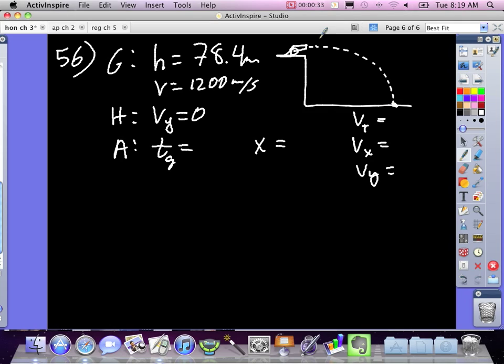Okay, with this initial velocity of 1,200 meters per second, with this height of 78.4 meters. So remember, make sure you make a diagram. You have to do a diagram for problems. Get in the habit of labeling on the diagram, because eventually, like this part, I'm not going to make you do the GHA, all that stuff anymore, but you must have this information on the diagram.